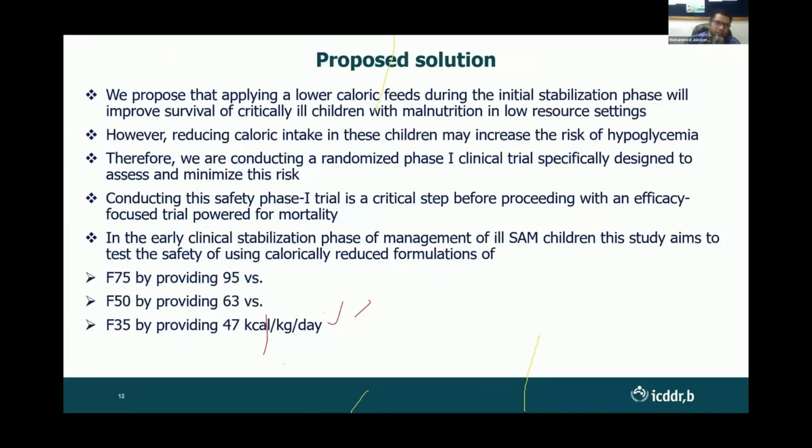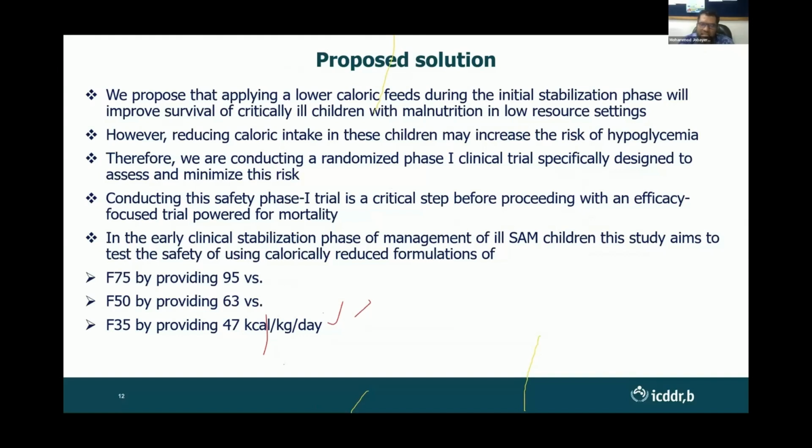From that perspective, as Professor Berkley showed, we designed a study applying lower caloric feeds during the initial stabilization phase, aiming at survival of critically ill children with malnutrition in a low-resource setting. However, reducing caloric intake in these children may increase the risk of hypoglycemia.